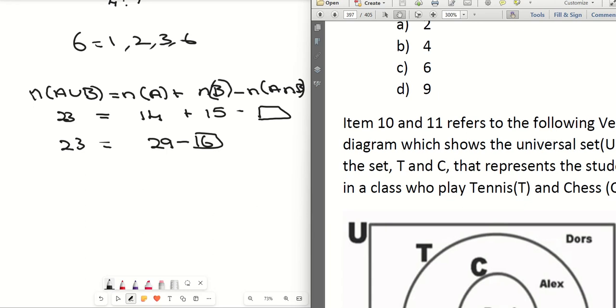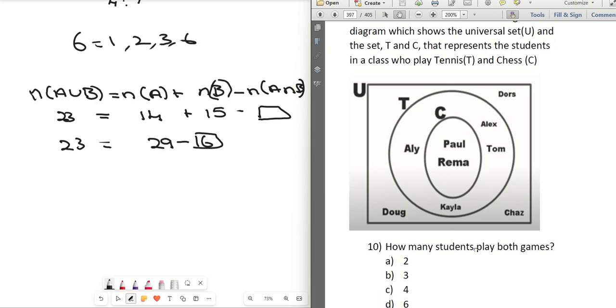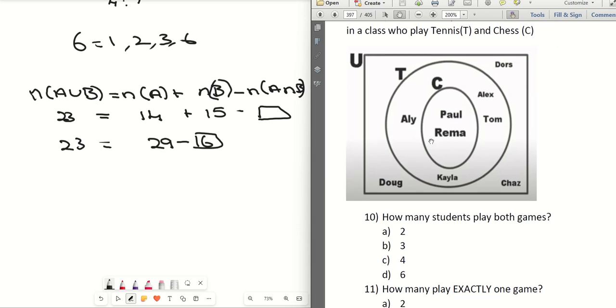Right, let's look at this one. Let's make it a little bit smaller so we can see the entire thing. Items 10 and 11 refer to the following Venn diagram that shows a universal set U and sets T and C that represent the students in the class who play tennis and chess. How many students play both games? Paul and Rima, because Alex is only tennis, Tom is only tennis, Ali is only tennis, Kayla is only tennis, but everyone who plays chess also plays tennis.